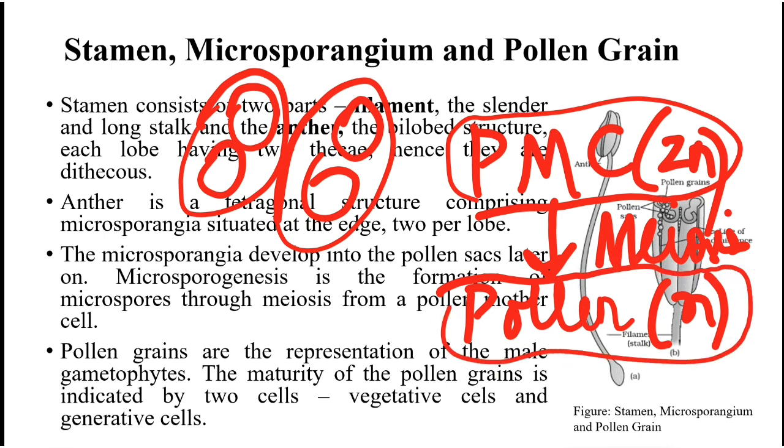Pollen grains are the representation of the male gametophyte.